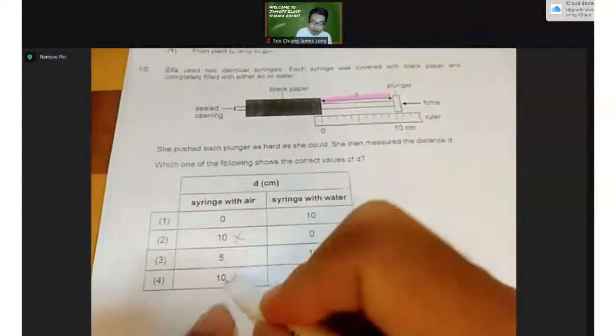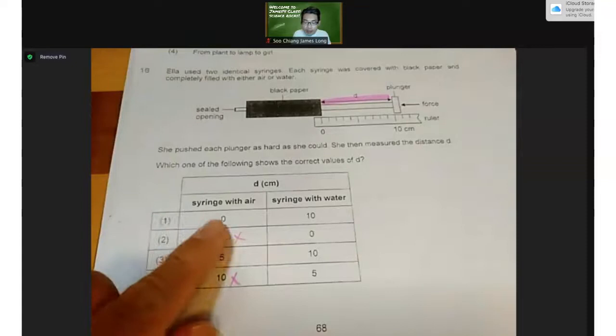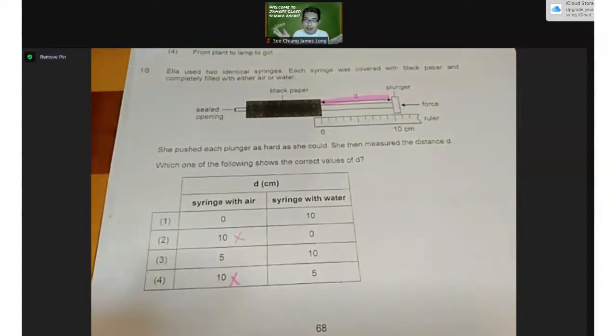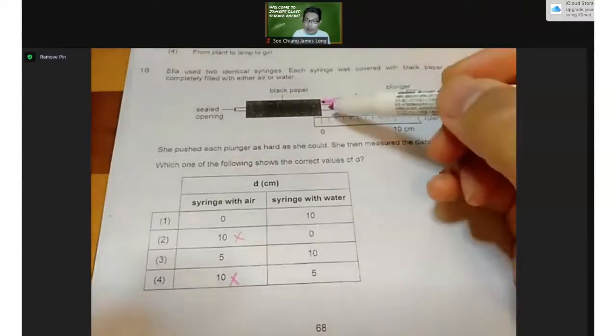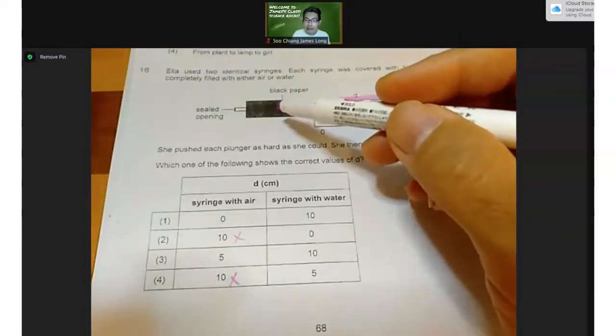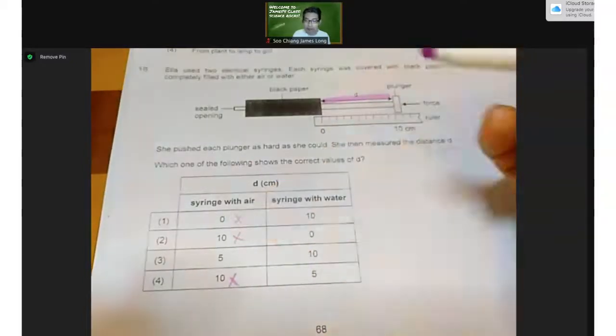Now, 0 means she compressed air until the air disappears. But air cannot disappear because air is a mixture of gases. Gases occupy space. Even if we can compress it, air still occupies some space inside. So this is not possible.